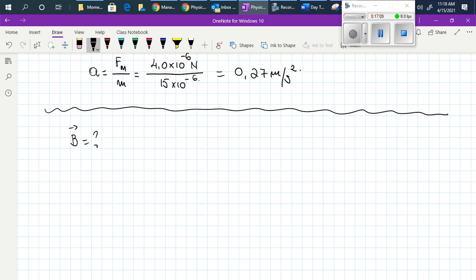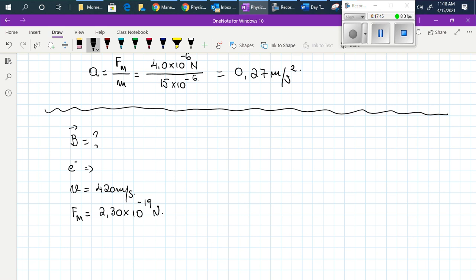The electron is moving with a velocity of 420 meters per second, and it is deflected by a force of 2.30 times 10 to the power of negative 19 newtons.